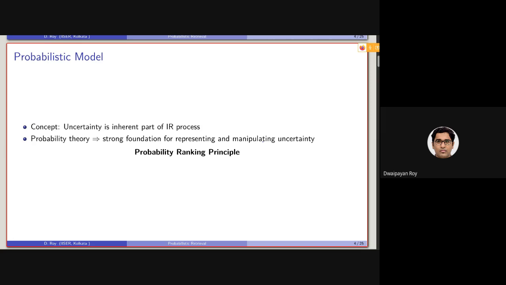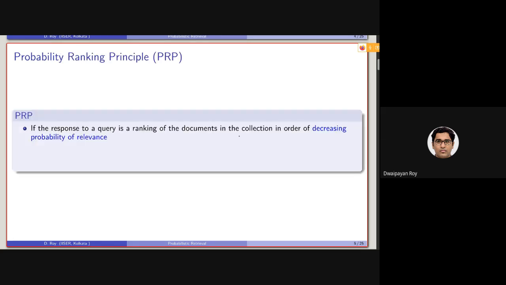What we'll be proposing is called the probability ranking principle, which states that if we are given a retrieval system, a retrieval model say R, the response to a given query Q to a user who had submitted this query Q is a ranking of the documents of the collection in order of decreasing probability of relevance.